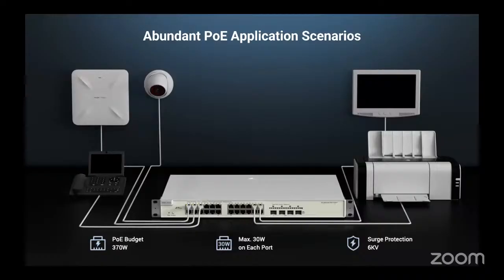Another thing is that we have different kinds of switches in which we can provide up to 370 watts. For example, we also have ports of 8, 16, 24, or 48, depending on that. And we can also provide up to 30 watts per port.